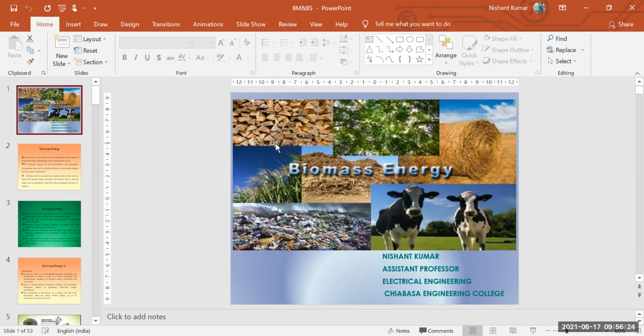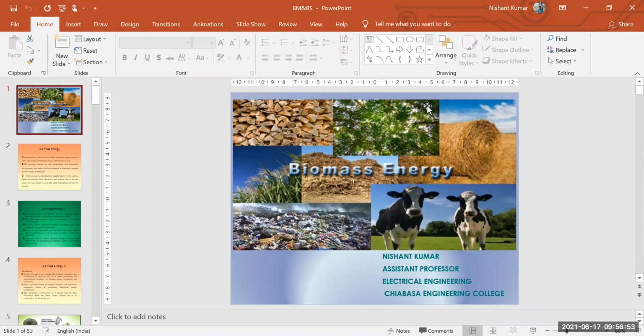In any of the formats, the energy is a byproduct of solar. Plants make their food from photosynthesis, where solar or light energy plays the role of a catalyst.